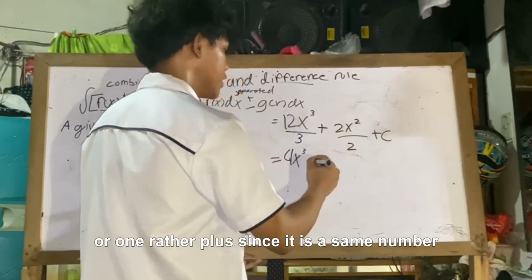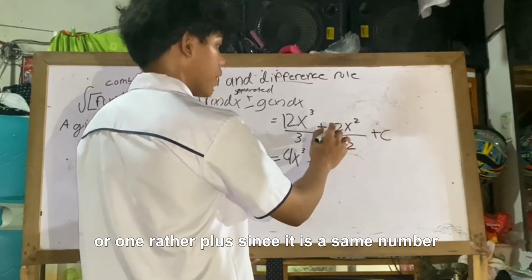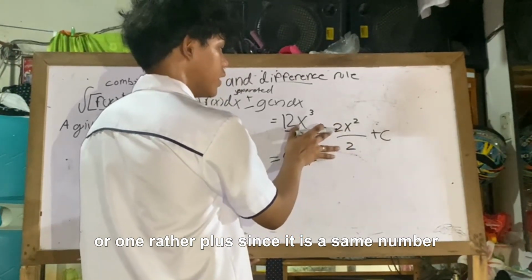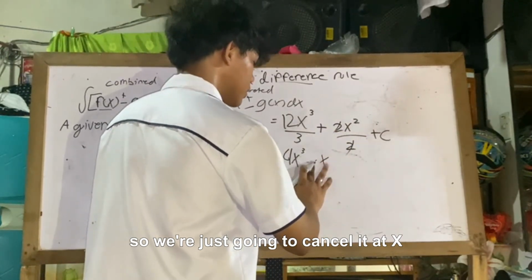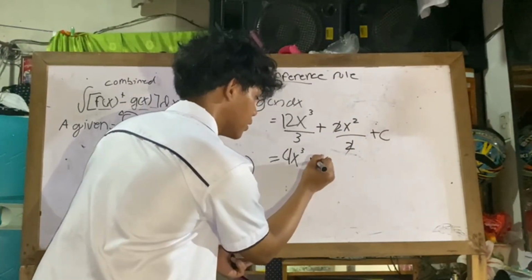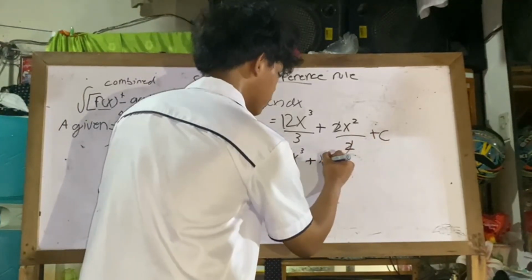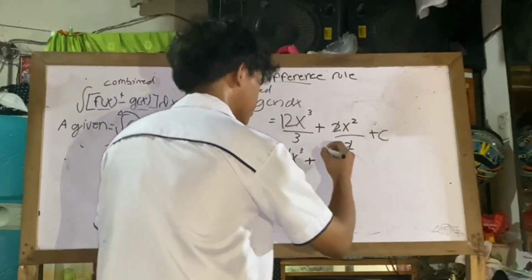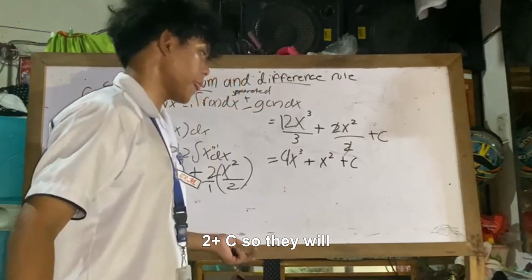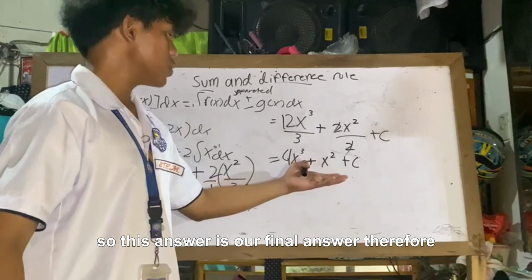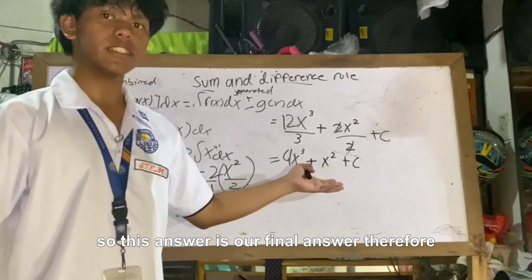Plus, since it is the same number, we're just going to cancel it. x. So this is a plus, okay. So don't get confused. x squared plus C. So this answer is our final answer.